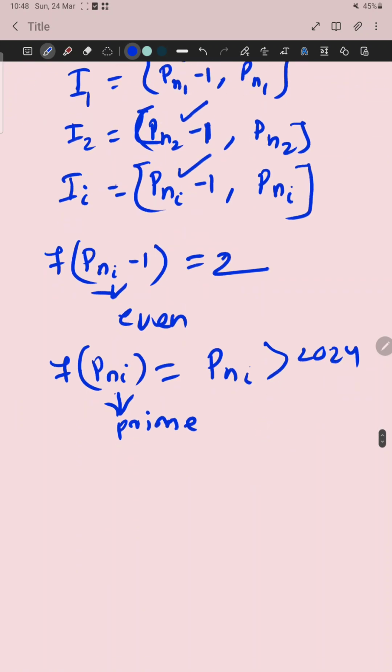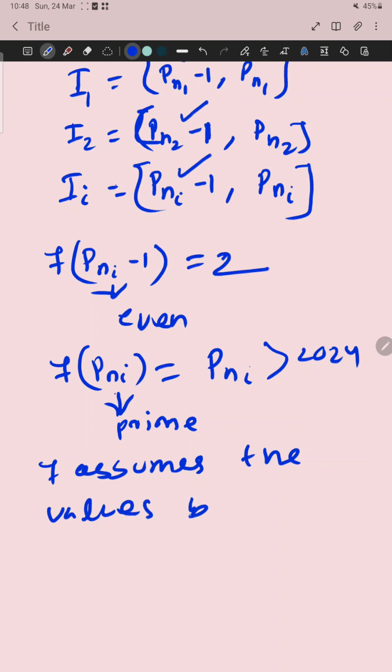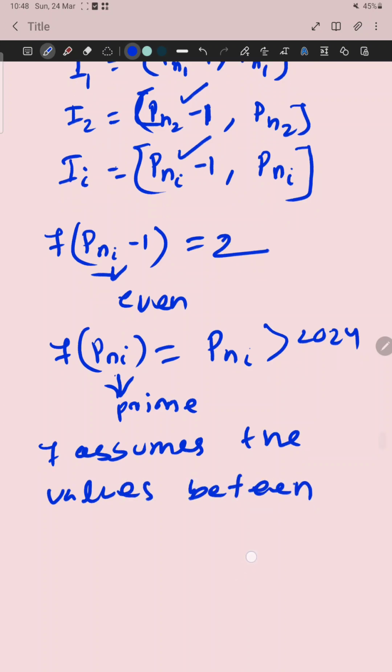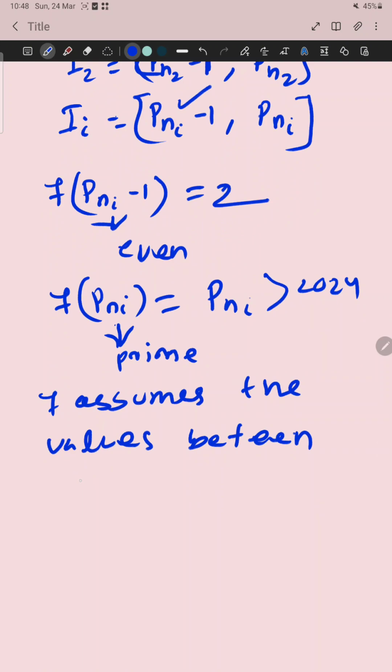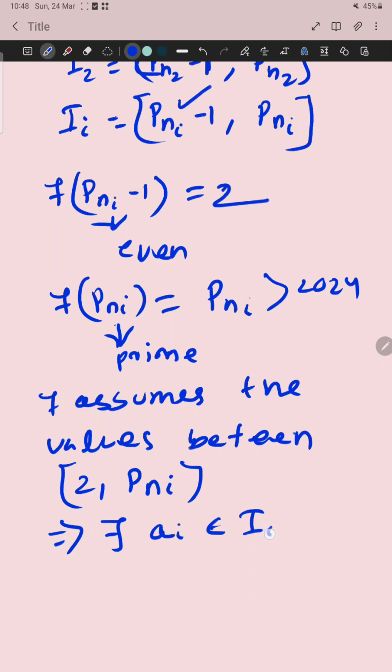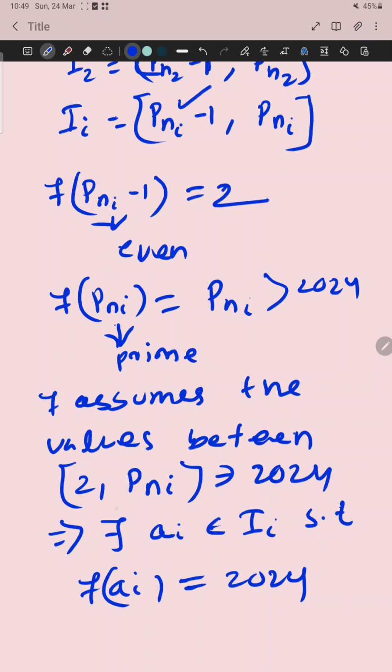So by the intermediate value theorem, f assumes the values between 2 and Pni, which means there exists ai belonging to Ii such that f of ai is equal to 2024, because 2024 lies in this set.